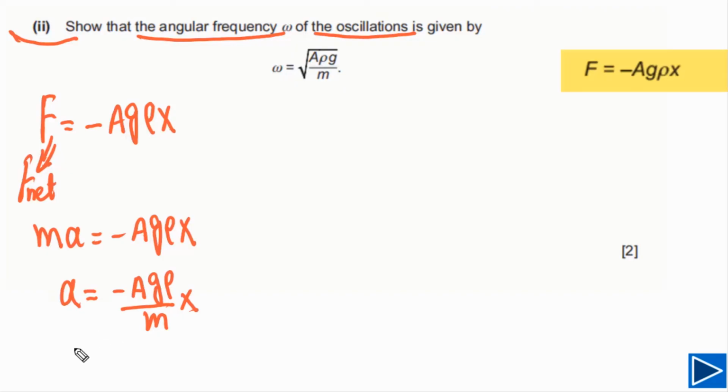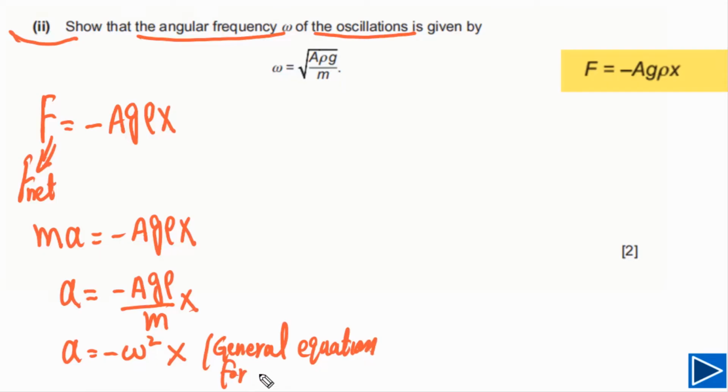And the general equation for simple harmonic motion is A is equal to negative omega square X. This is the basic equation for simple harmonic motion. Any object which is doing simple harmonic motion has to obey this equation. So A has to be equal to negative omega square X.